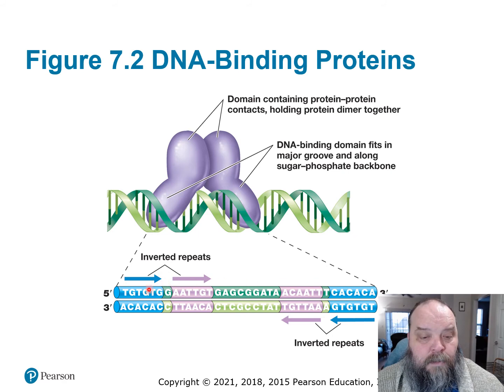They are spaced far enough apart that the two halves of this binding protein, which is a dimer, can be positioned. One half binds this part of the repeat, the other half binds that part of the repeat. This allows the protein to be positioned where it needs to be in relation to the genes on this chromosome.